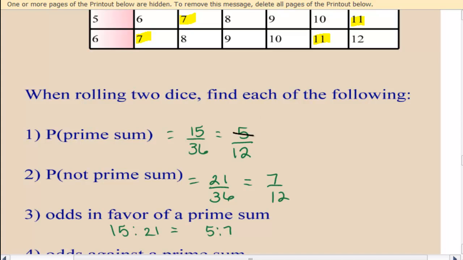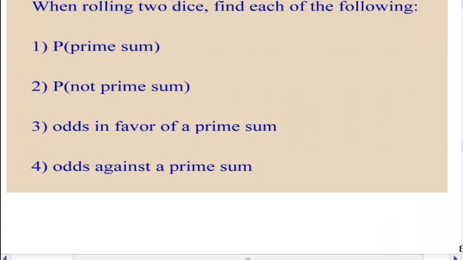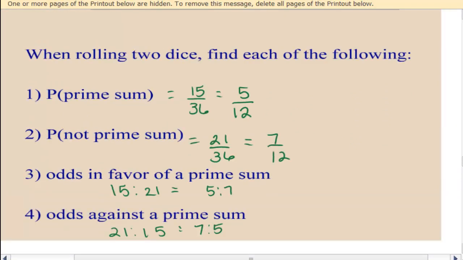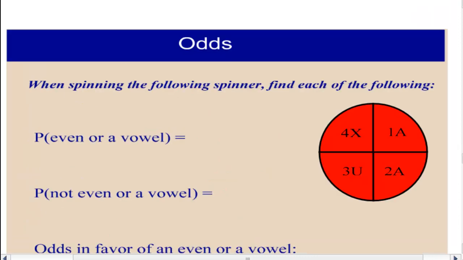And you can see that in our numerators here. Lastly, find the odds against a prime sum. This should be the reciprocal of the odds in favor. So instead of 5/7, you have 7/5. Finish the rest of this section as part of your homework.